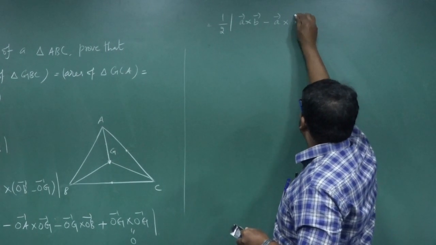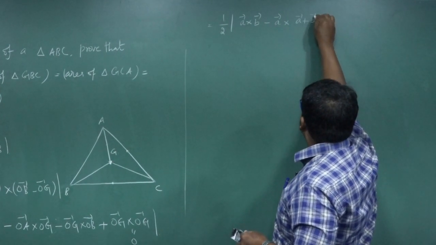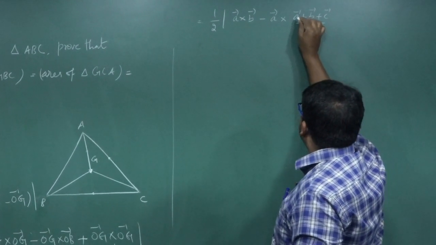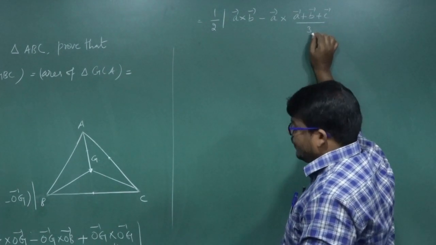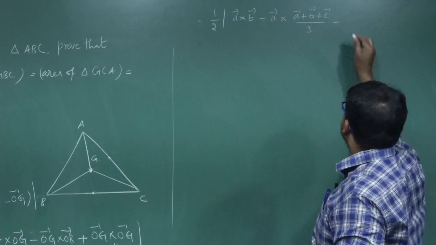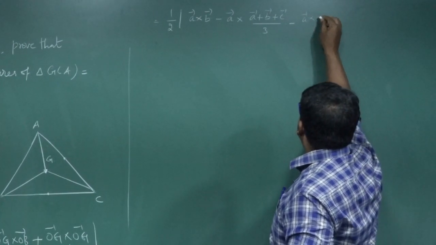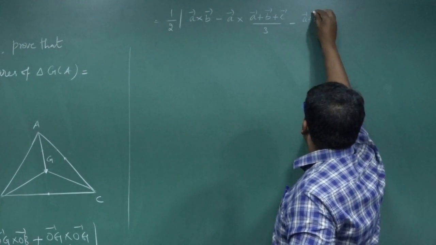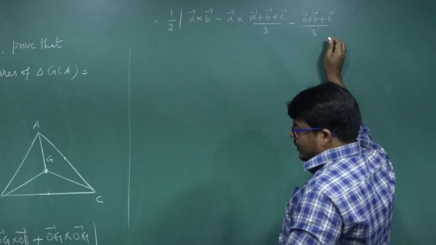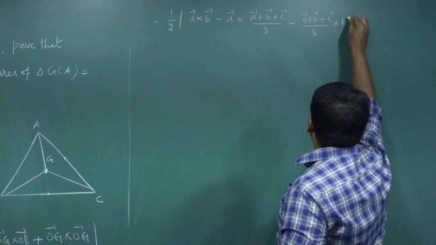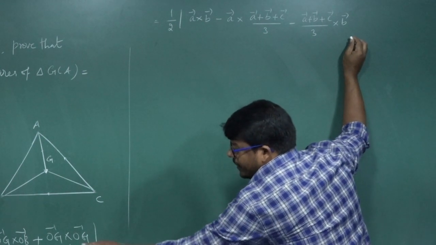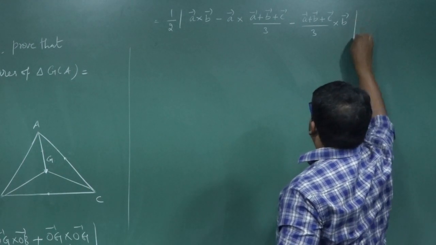This centroid is A vector plus B vector plus C vector by 3. Minus OG vector cross OB vector, OG is A vector plus B vector plus C vector by 3 into B vector. This value is 0. It is a modulus.